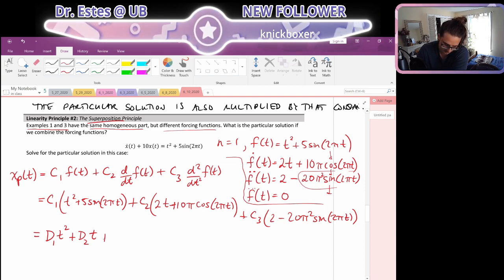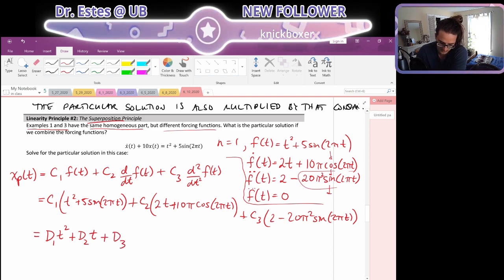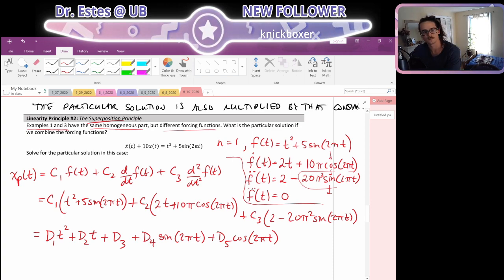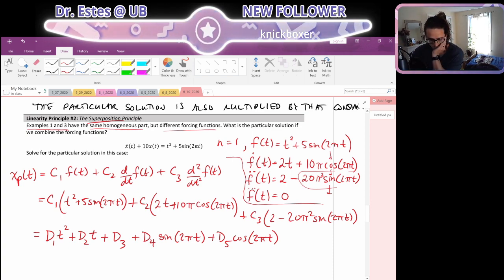We're going to have something just being a scalar. We're going to have a sine 2 pi t, and we're also going to have a cosine 2 pi t. Goodness gracious, right?